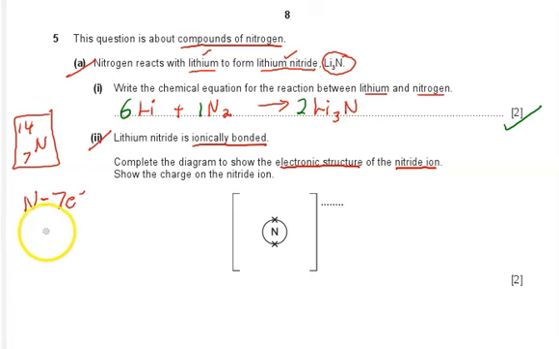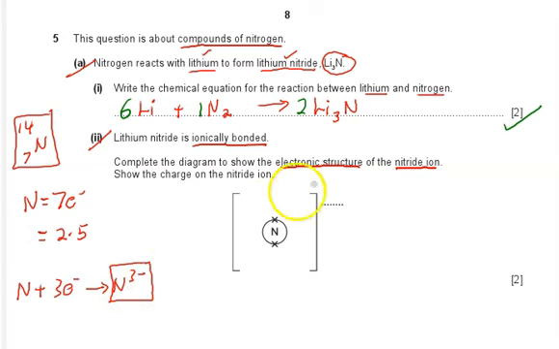The electron arrangement here will be 2.5. It is in group 15 and period 2. So when it forms an ion, it will receive 3 electrons to be stable. So here is how we get the nitrogen ion, 3 negative. We have to add on one more shell over here.